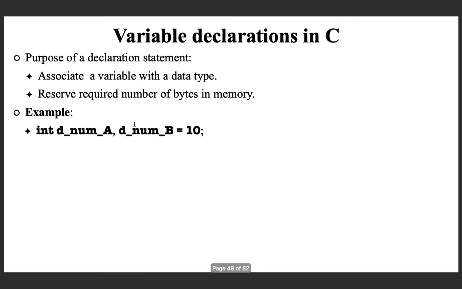Example declaration statement. Later we can see the structure of the statement, or the syntax. Now this is an example declaration statement where 2 variables are declared as of type int.